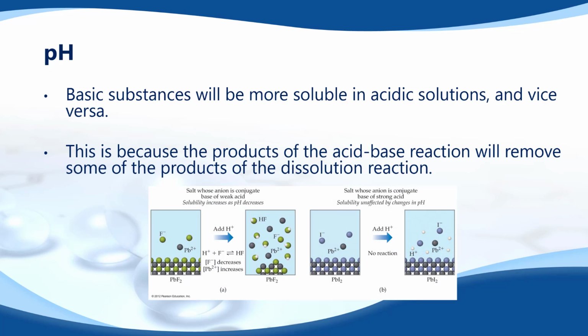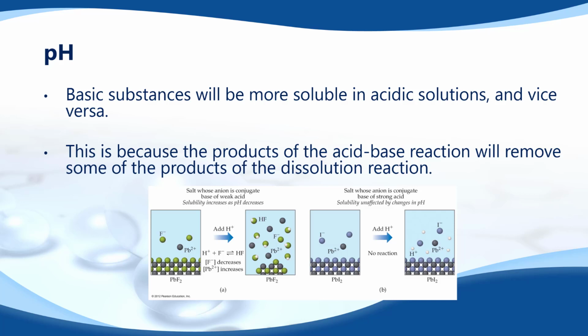So what we have down here is the dissolving of lead fluoride, PbF2. PbF2 is not very soluble. But if we add some hydrogen, if we add some acid to it, what winds up happening is that we have an equilibrium where we form hydrofluoric acid, HF. HF, remember, is a very weak acid. Weak acids don't dissociate back.